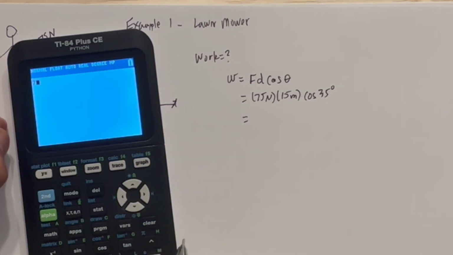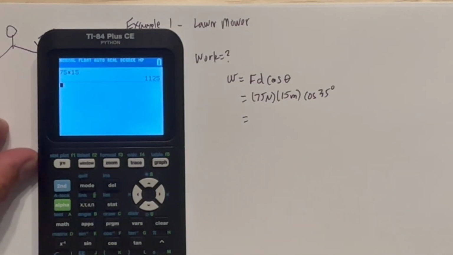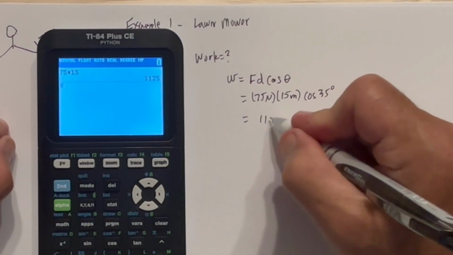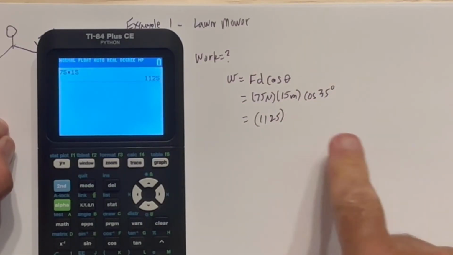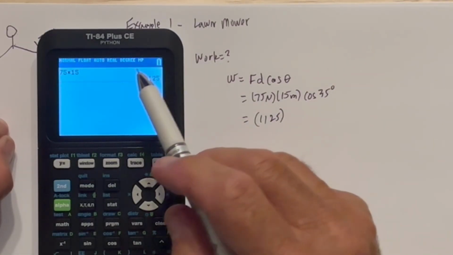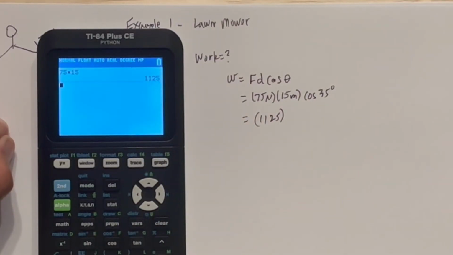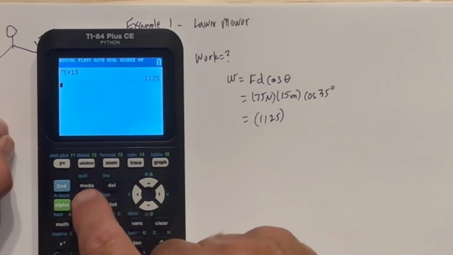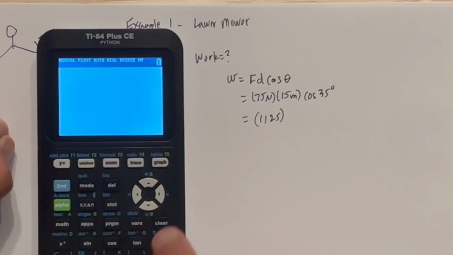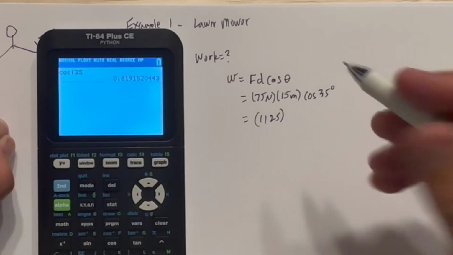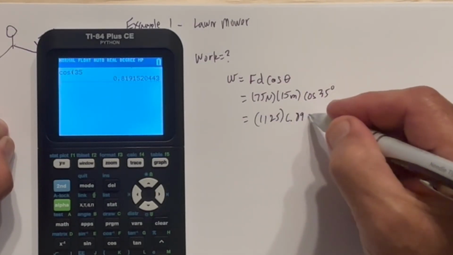All right, let's get our calculator out. 75 times 15 is equal to 1125. Now let's take the cosine of this angle. We want to make sure we're in degrees mode. The cosine of 35 is 0.891.